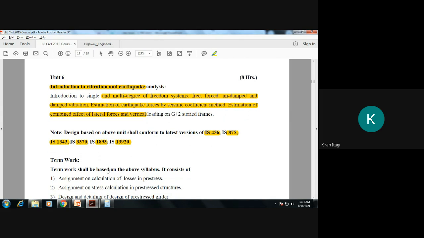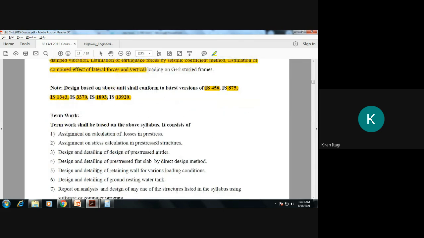So before attending the SD3 class, download these code books. It is easily available on Google. Just type IS 1343 or IS 456 or whatever, and go for the PDF. You will get the respective code books.